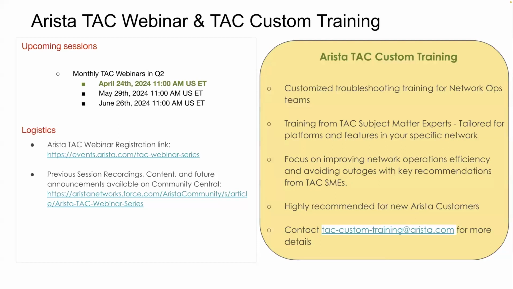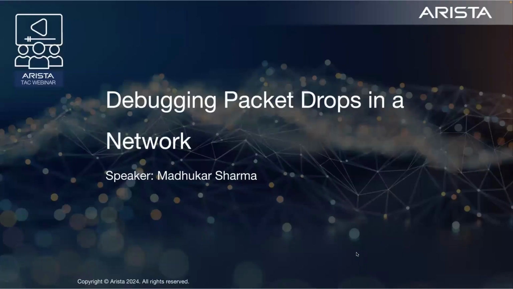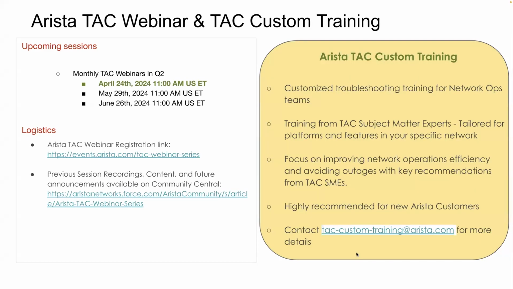Coming to today's session, we are going to do a deep dive into debugging packet drops that can occur in any network, and we are going to cover some use cases that we see in our TAC interactions and common problems that we actually come across. We'll go over the debugging steps that can be applied to troubleshoot these problems and EOS CLI tools that will come in handy in such situations.